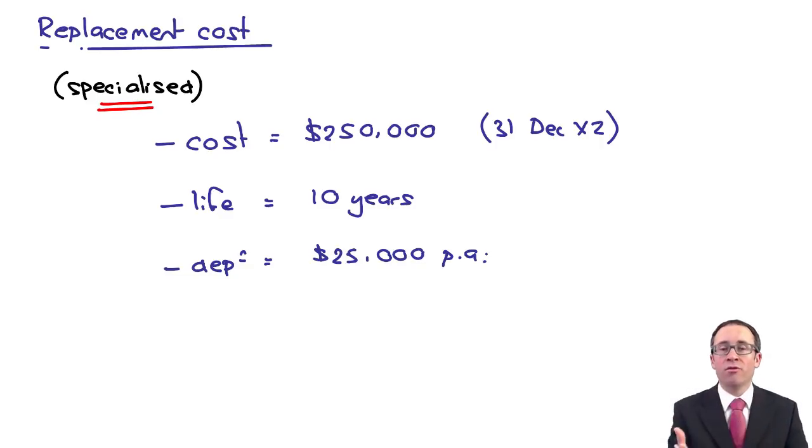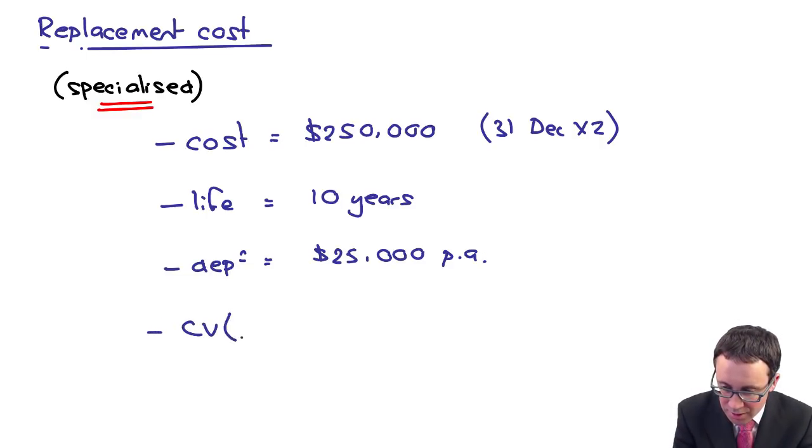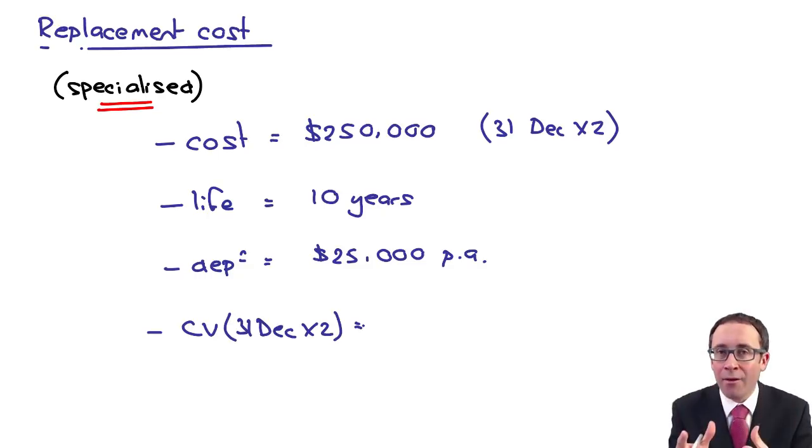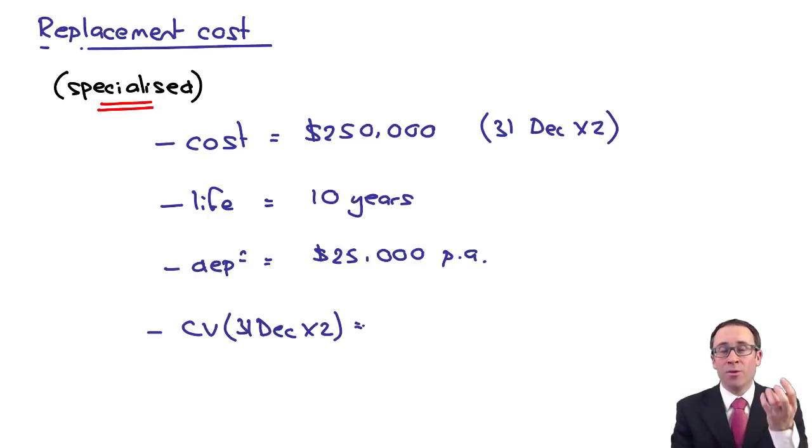So if we'd replaced it, what would be its depreciated replacement cost? So its carrying value at the 31st of December X2. We know that it would cost me 250,000 to replace today, but we need to compare it on a like-for-like basis to make it comparable to the asset that we are currently looking to value.